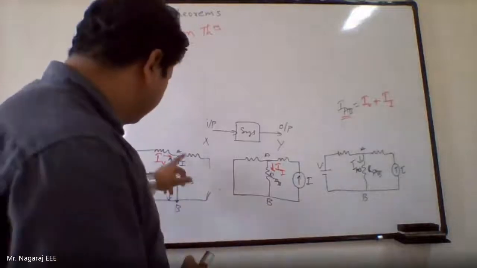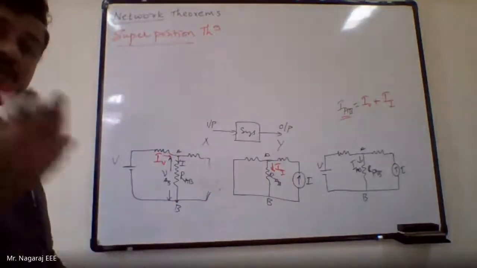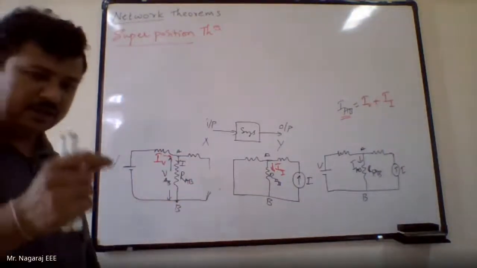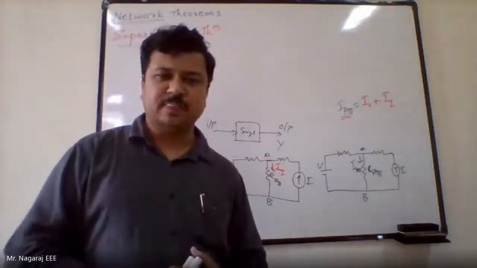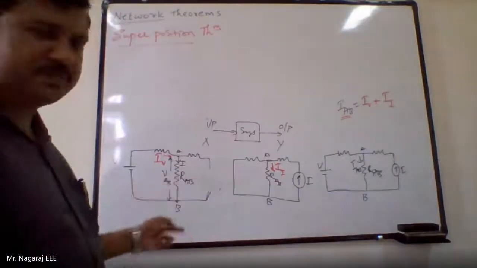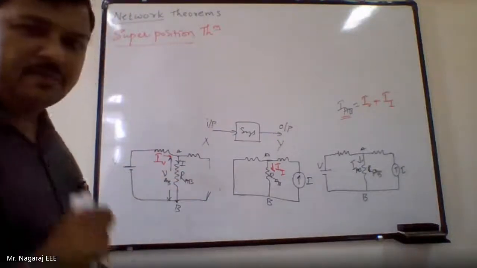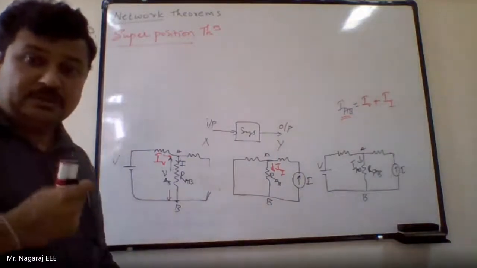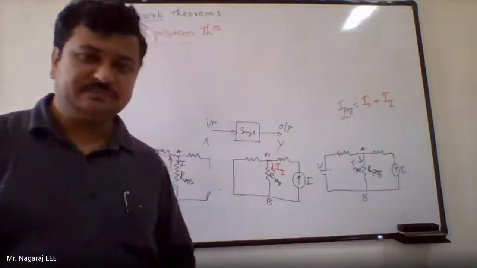So for the response in any element in a circuit which contains multiple sources: if there is no second source in the circuit, then the current in all the elements is due to only one source. Now, if there are multiple sources present in any circuit, then the current in any branch, in any element, is due to the currents supplied by all the sources.